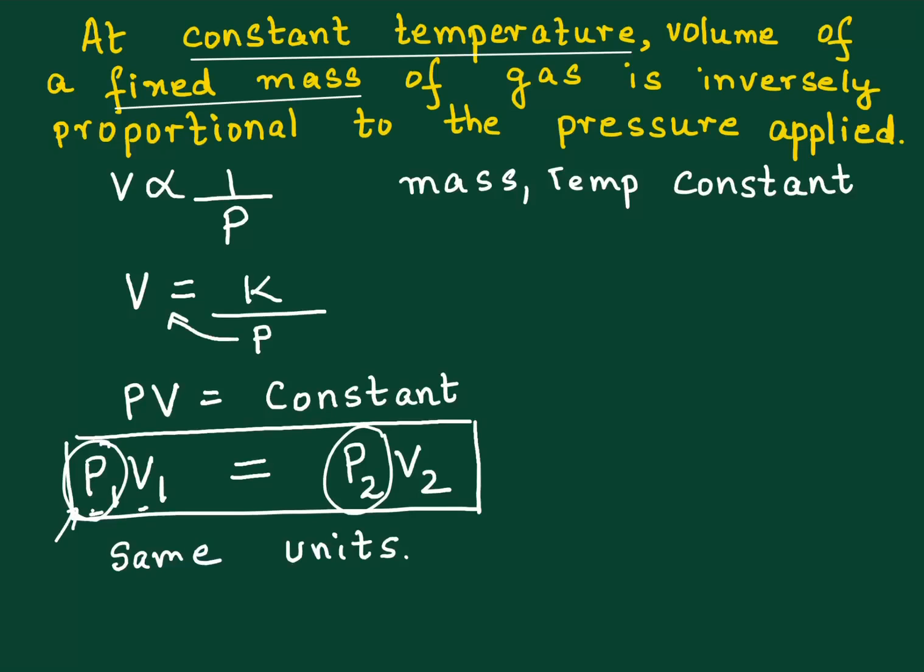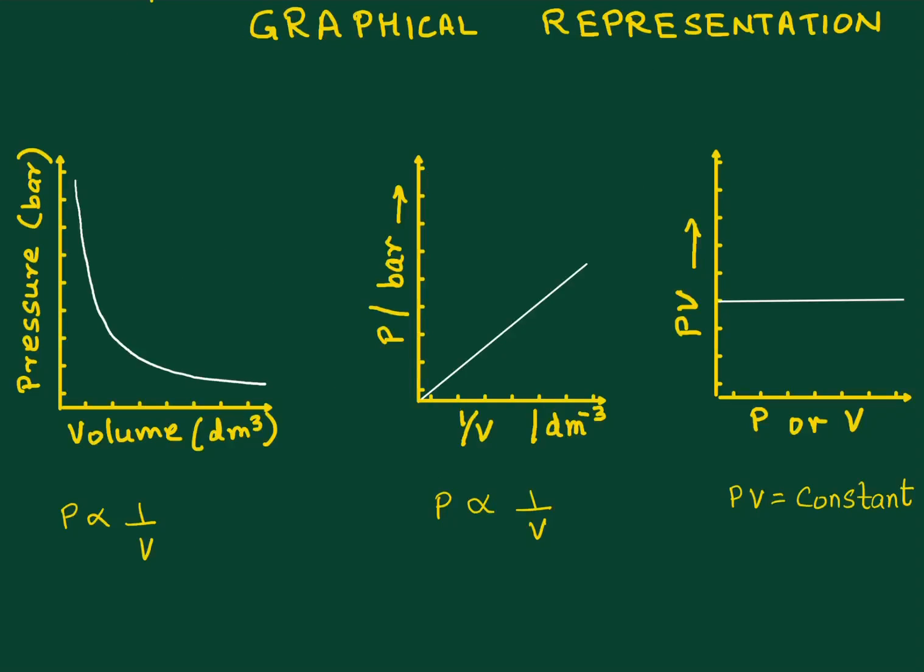If you are expressing it as bar, make sure that the pressure on the right hand side is also in bar. And there should be no difficulty at all. Have you noted this down? Because now we are going on to the next aspect, and that is what we call the graphical representation of Boyle's law.